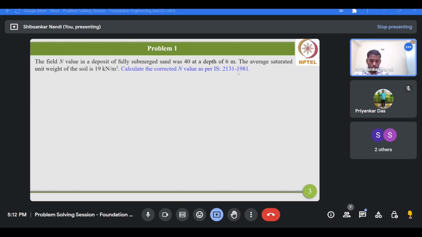Now, please tell me, what are the two types of corrections which are prescribed by this IS standard? This is the measured SPT N value at the field, measured at a depth of 6 meters, and the average saturated unit weight of the soil is 19 kilonewton per meter cube. Now first let me know what are the two corrections prescribed by this Indian standard. I think you must have known.